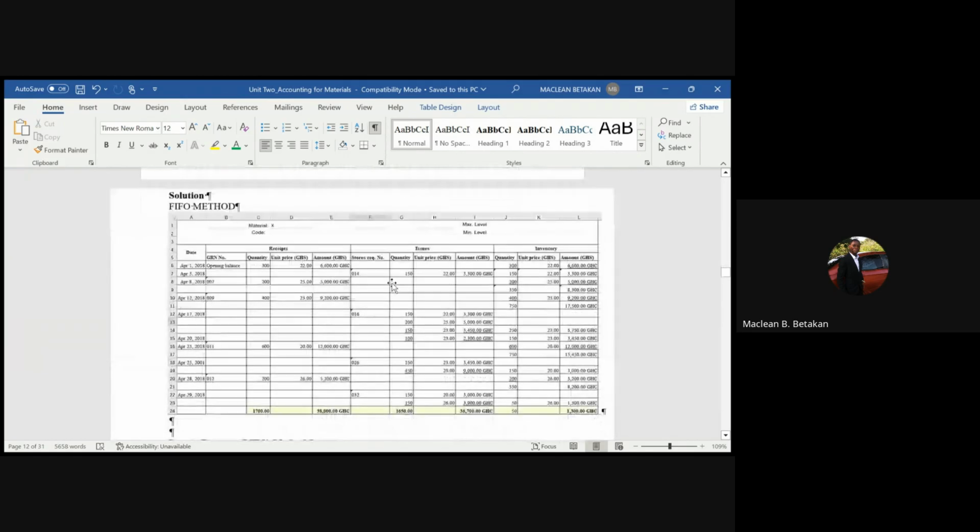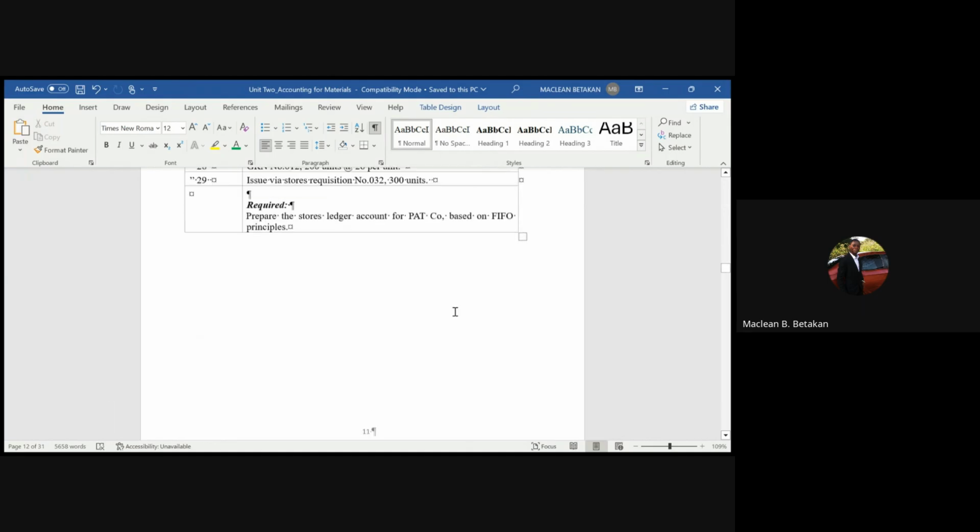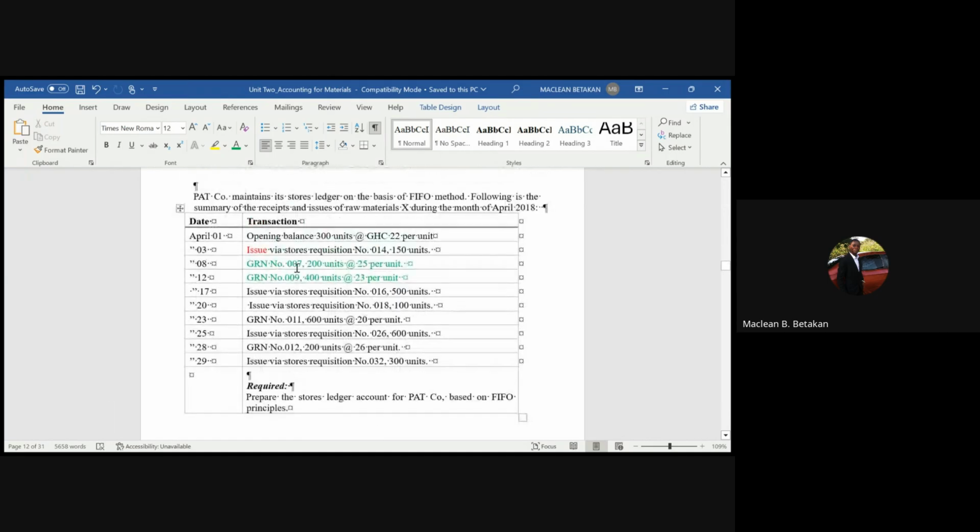So that is what we did exactly here. 150 times 22. We issued 150 using 22. And then what is left is 150, valued at 22, which is 3,300. Then our next transaction is also a receipt.